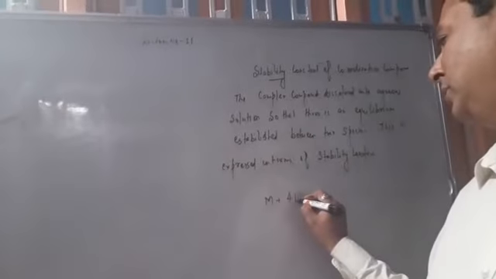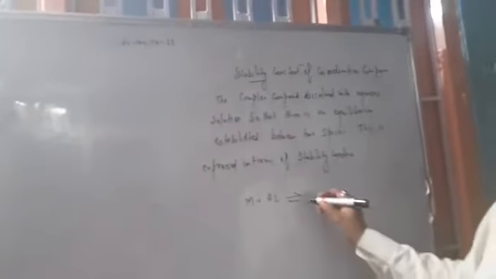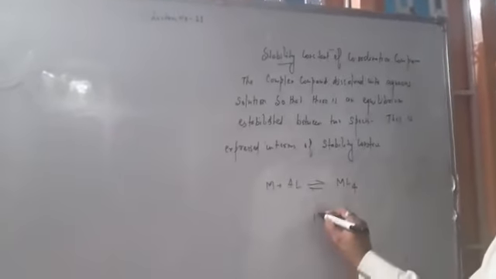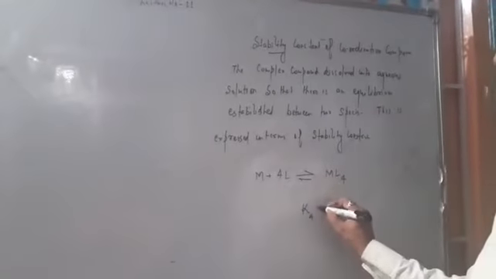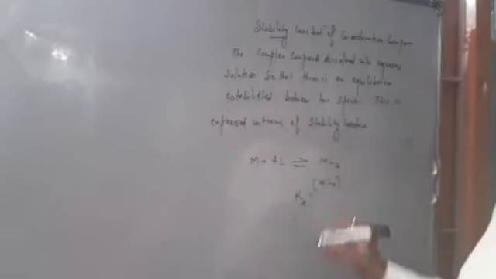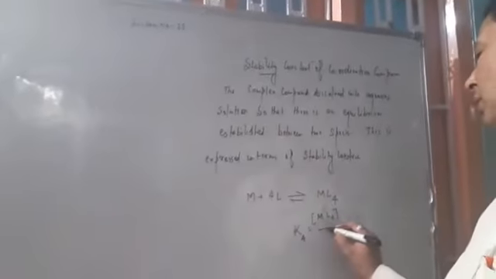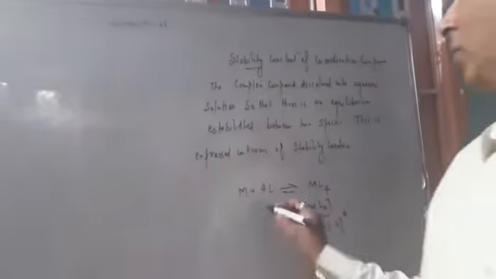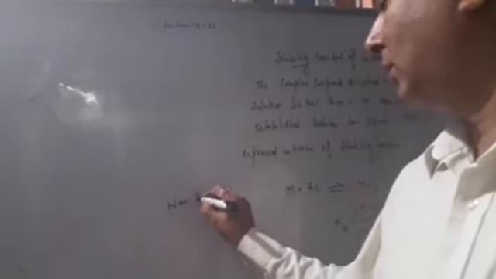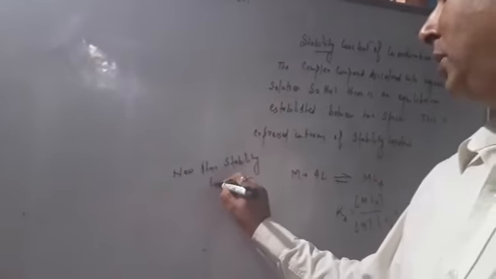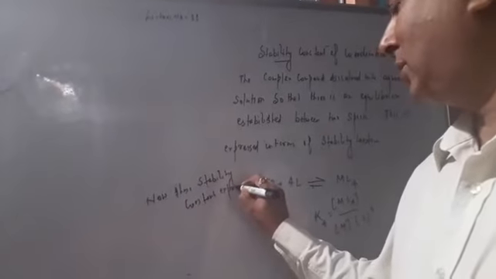Let us take an example. If metal M and 4 ligands L make the complex ML4, the equilibrium established between the two species is expressed as K4 equal to the concentration of ML4 upon the concentration of M into the concentration of L to the power 4. The stability constant is expressed in the following ways.